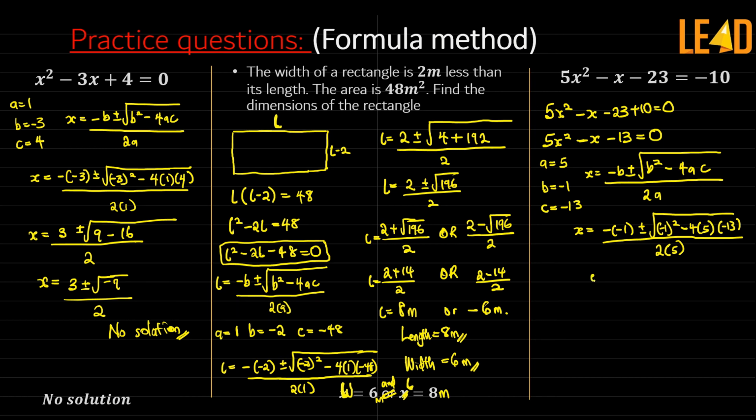So that would mean x is equal to 1 plus or minus square root of 1 plus 20 times 13, that's 260, over 10.